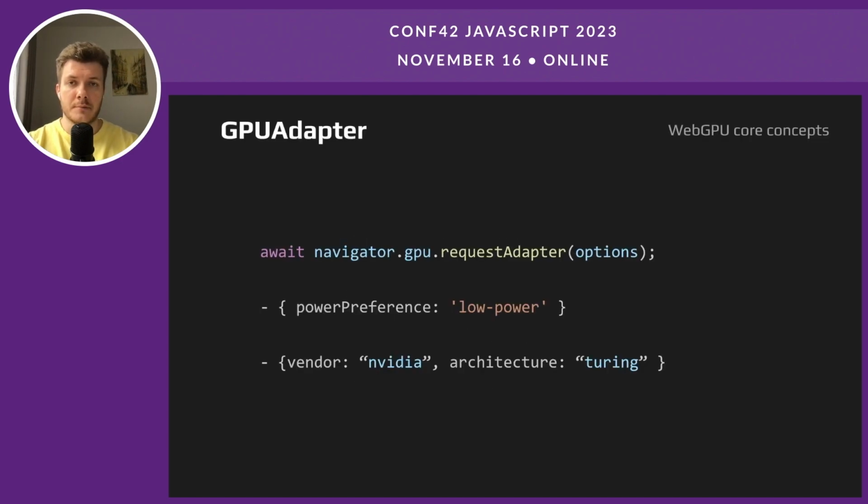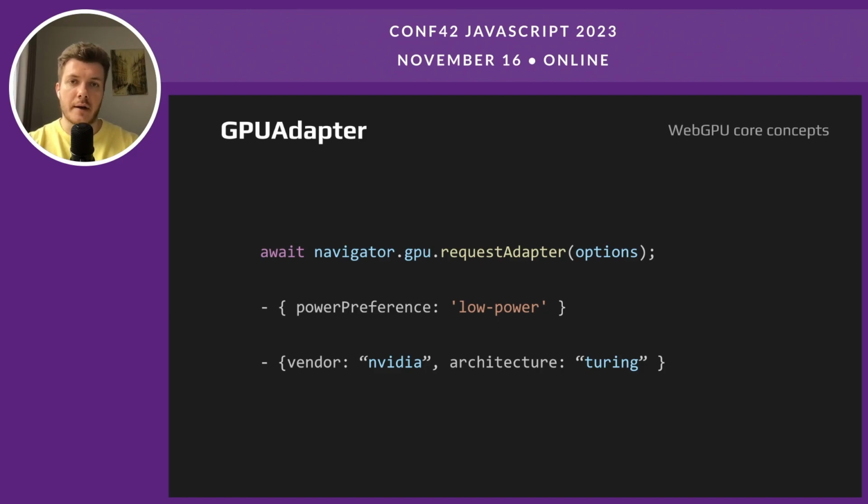The GPU adapter is a pivotal component. Adapters represent the GPUs from which the device can be accessed. This can be even software-based, like SwiftShader, and typically it returns one adapter at a time.